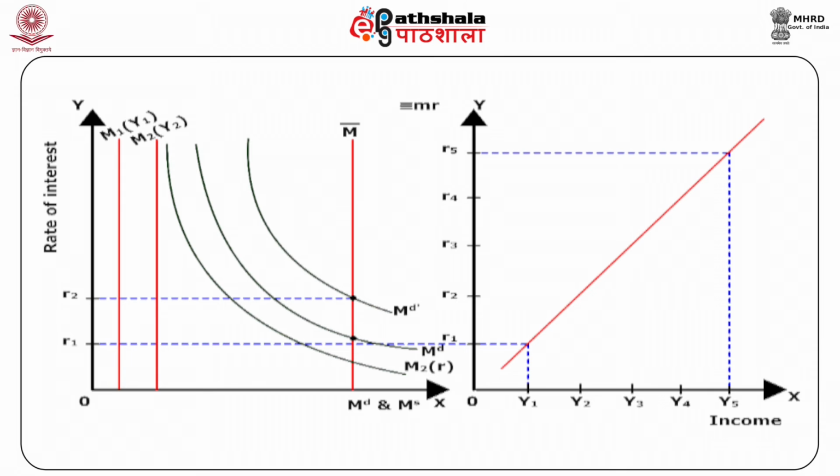Earlier we have seen that the IS function is downward sloping. Now, if we independently consider the IS function and the LM function, then each one of these functions would tell you about equilibrium respectively only in the product market or in the money market.